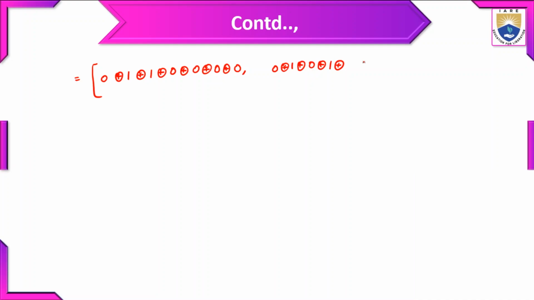So the remaining are all zeros. 1, 2, 3, 4, 5, 6 XOR with 0. This is the second column answer.